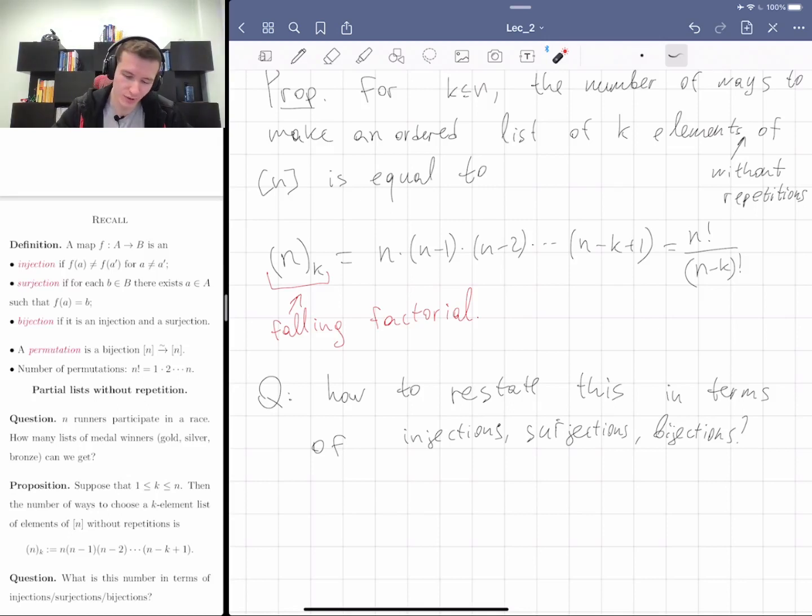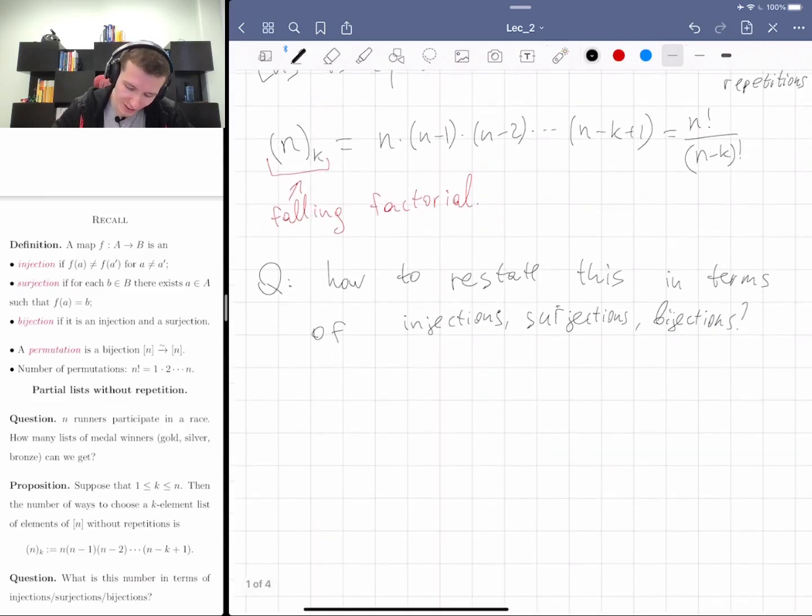Okay, injection from bracket k to bracket n. Thank you, that is correct. So the answer is that this falling factorial is the number of injections from bracket k to bracket n.